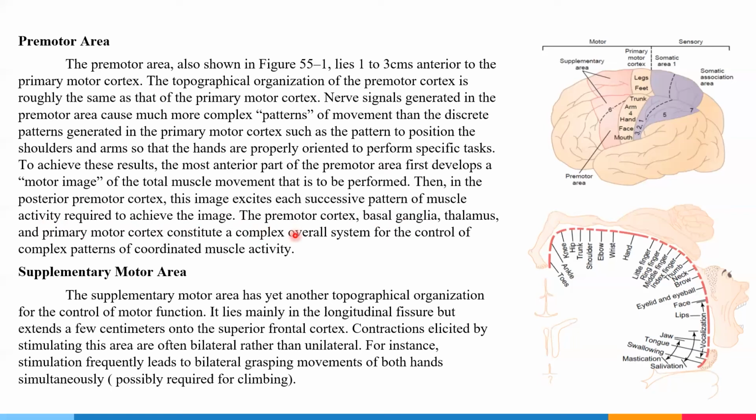The premotor cortex, basal ganglia, thalamus, and primary motor cortex constitute a complex overall system for the control of complex patterns of coordinated muscle activity.